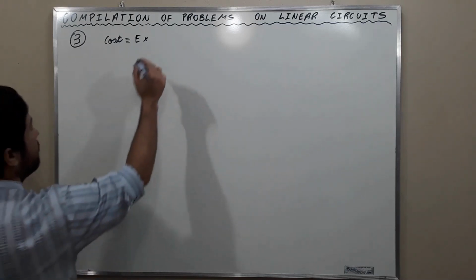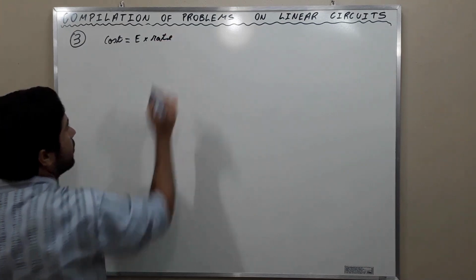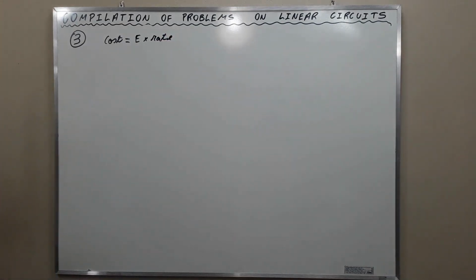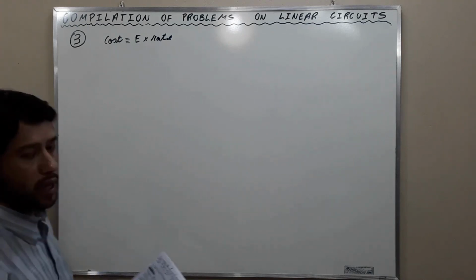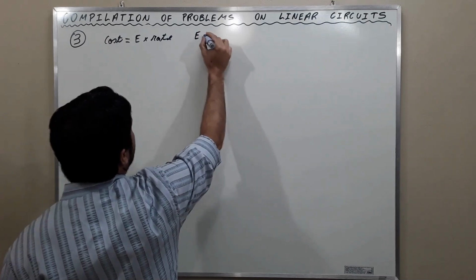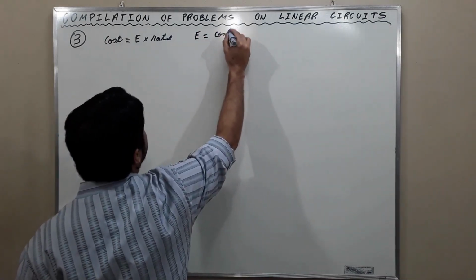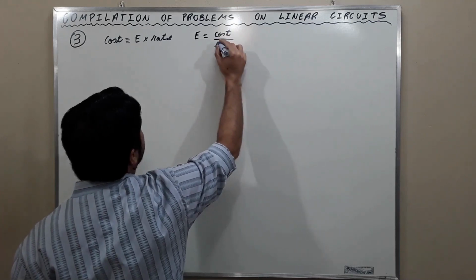So it's energy times rate. And we want the energy. So the energy is going to be cost over rate.